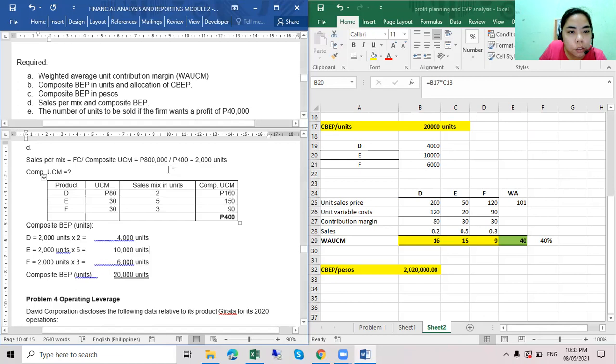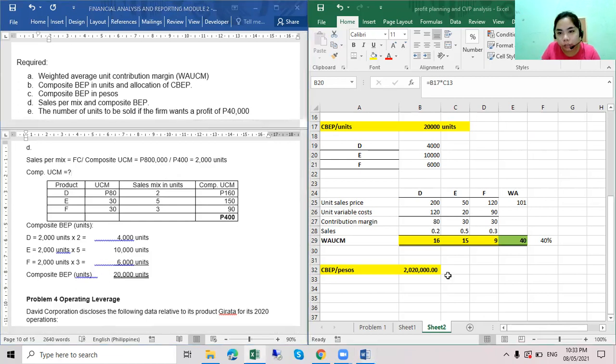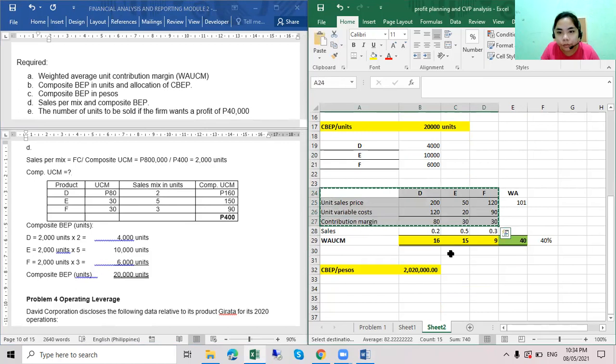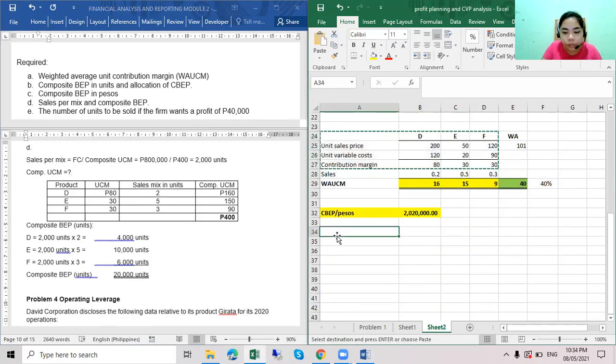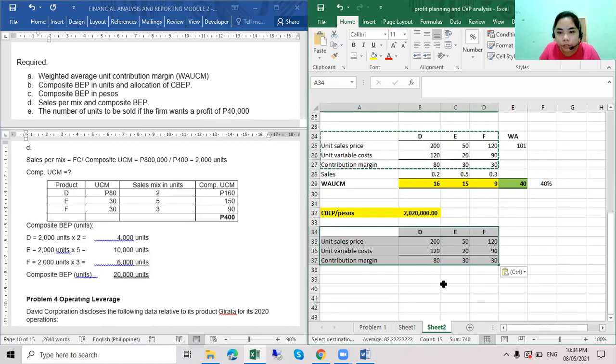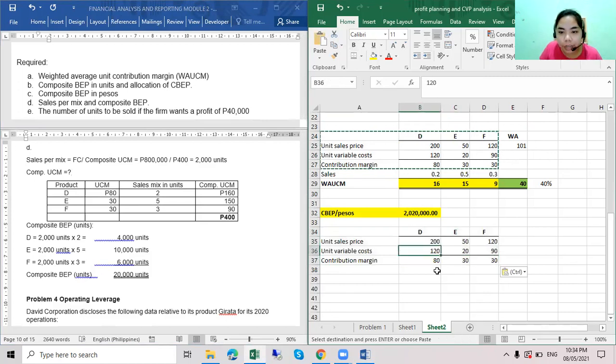No. So, wala ni naka-weighted average class ha. Ang ginhimo iya is gin-multiply sa sales mix.